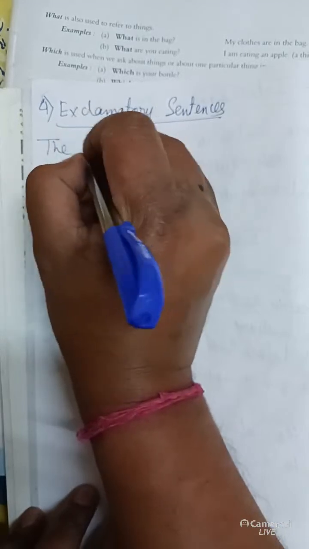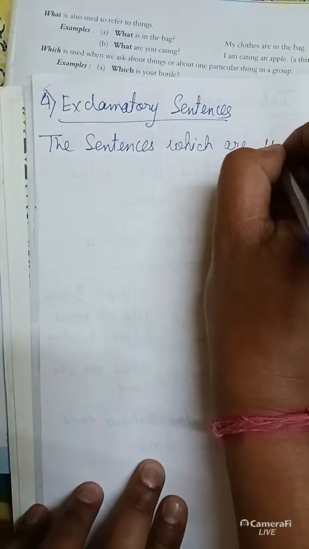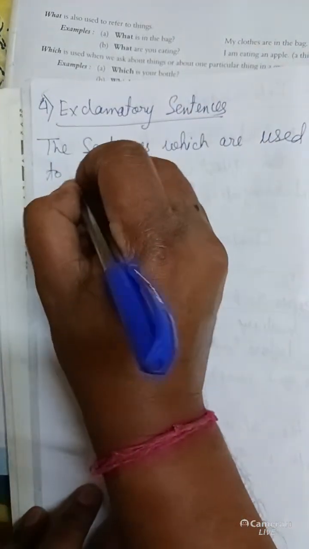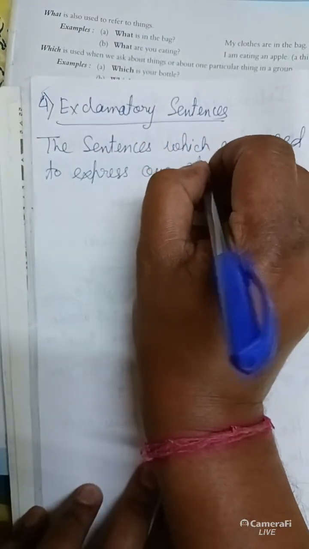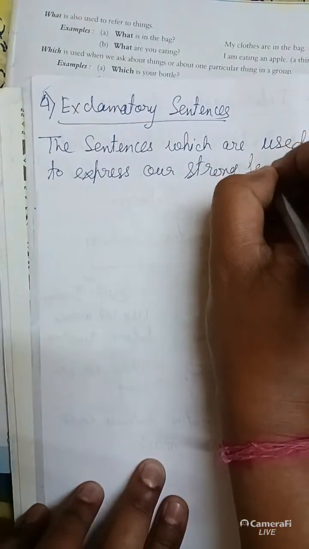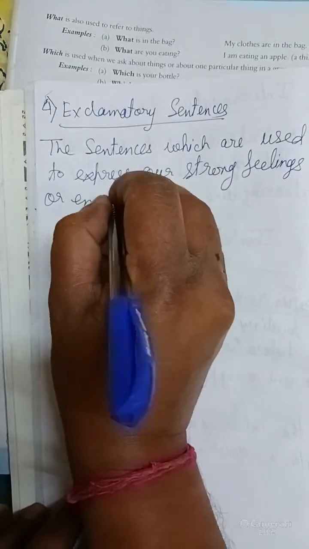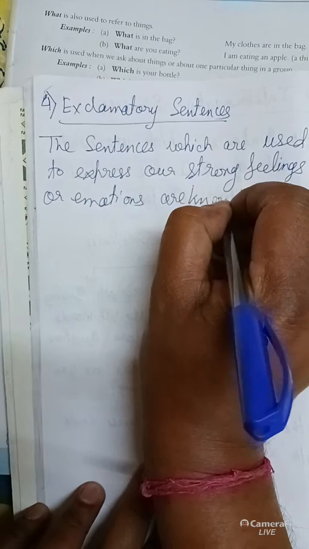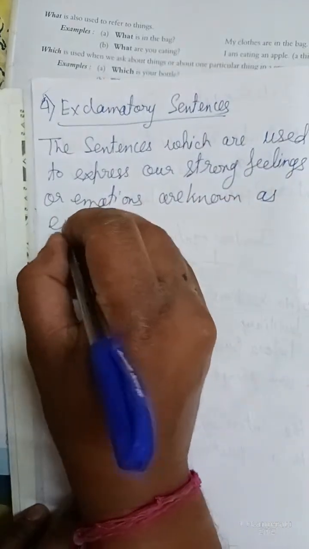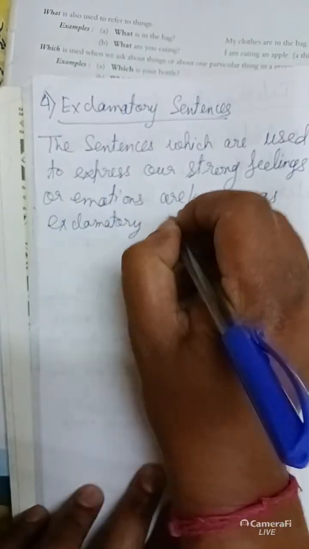The sentences which are used to express our strong feelings or emotions are known as exclamatory sentences.